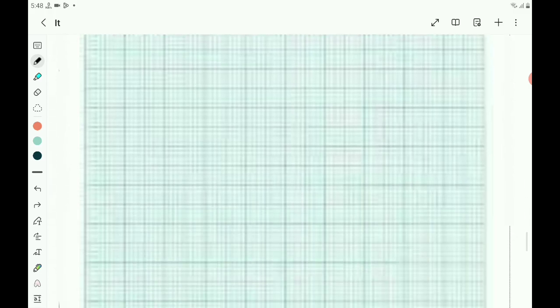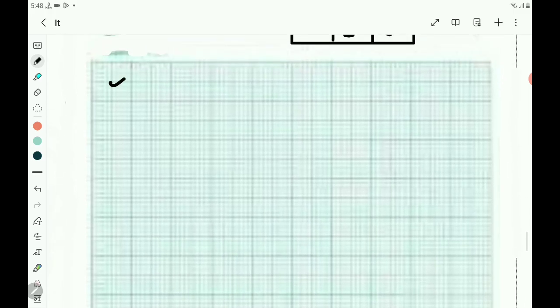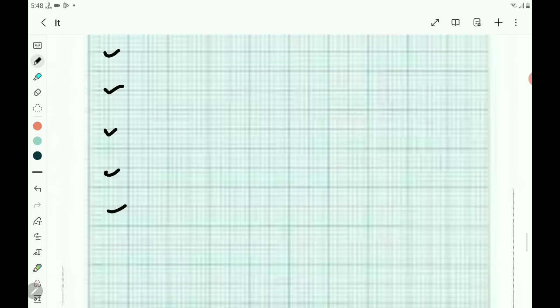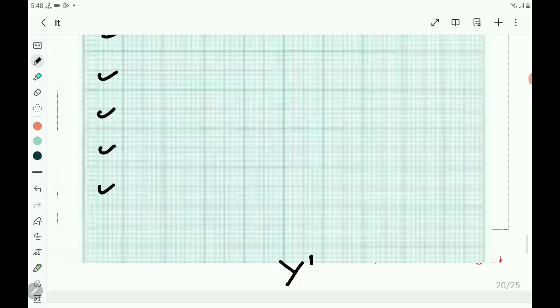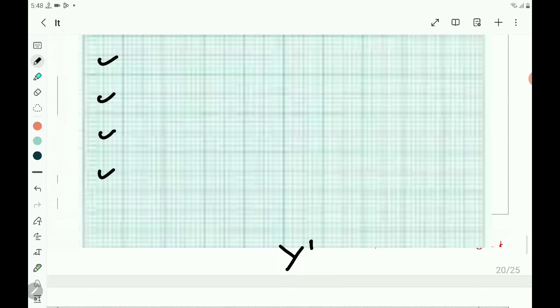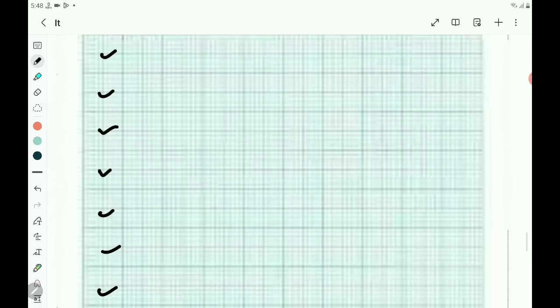So here you count the number of boxes. 1, 2, 3, 4, 5, 6, 7, 8, 9, 10, and 11 you can get here. And next for x, 1, 2, 3, 4, 5, 6, 7, 8, 9, 10.